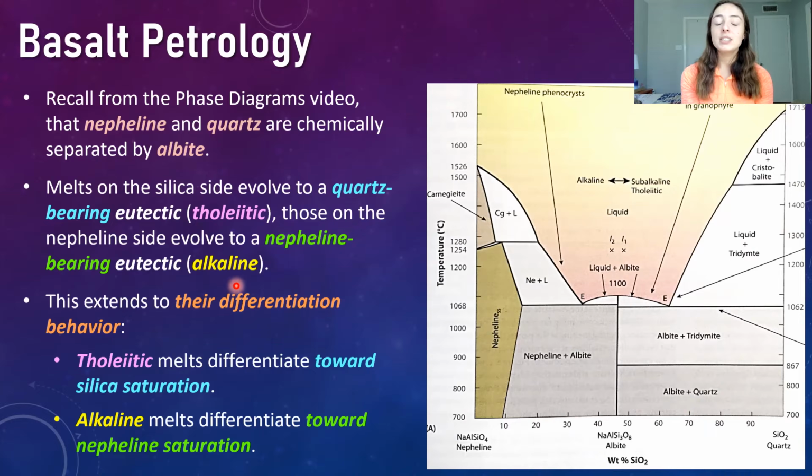We talked about magmatic differentiation in the silicate magmas video, and in the case of tholeiitic melts, they differentiate toward silica saturation, whereas alkaline melts differentiate toward nepheline saturation.